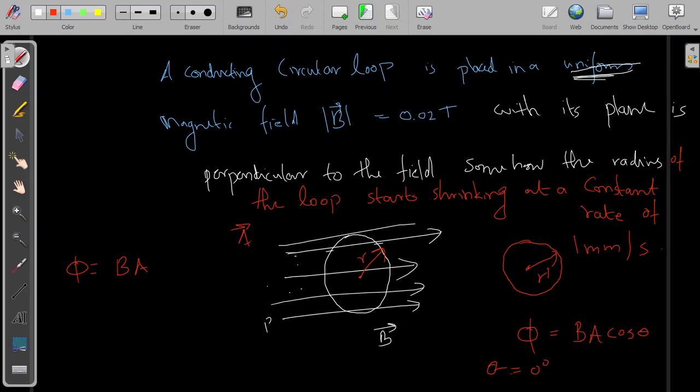But the problem here is that after each 1 second, the area is reduced. Area is reducing, and at one point of time, this area will become 0. So this area is changing, which means this phi, the magnetic flux associated with the circular loop, is also changing.